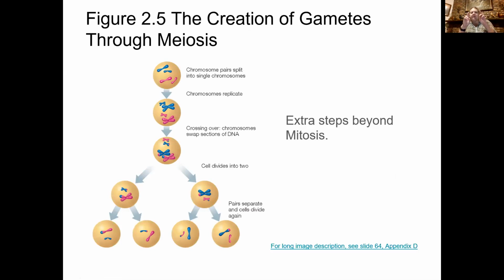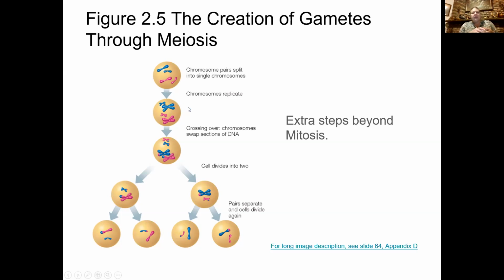So instead of being in those pairs, they're going to split apart. Then after they split apart, they're going to replicate, meaning each one of these chromosomes is going to reproduce itself.